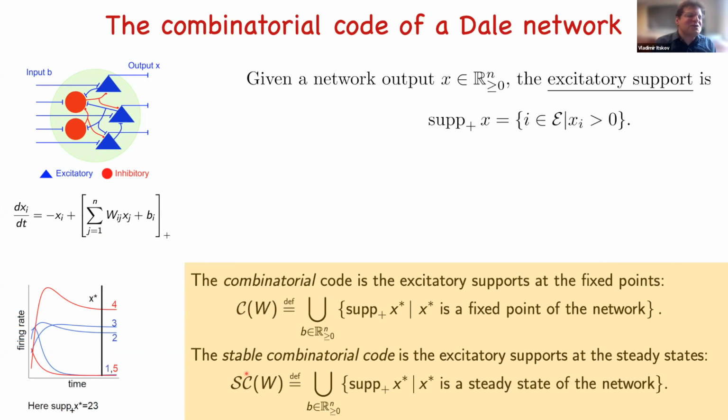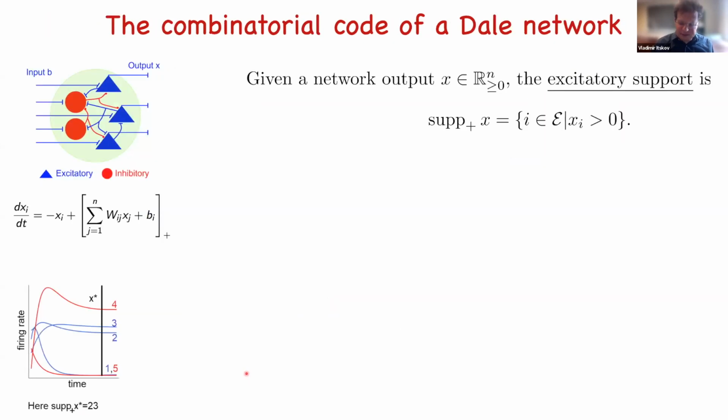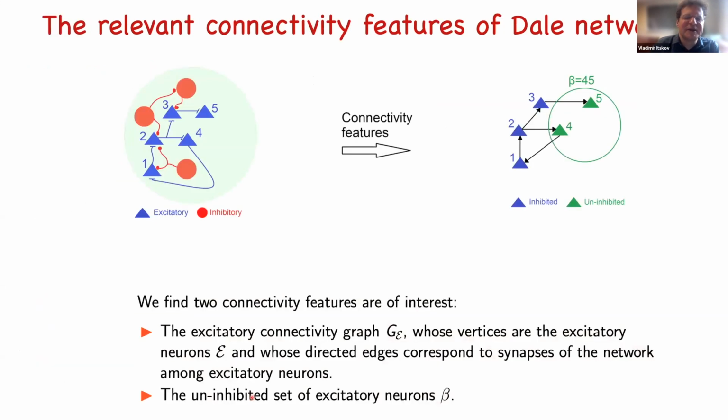And the goal, of course, is to understand the structure of these things in terms of W. And it turns out that the structure of this code can be completely described in terms of the connectivity of the network and some other ingredient, which is spectral in nature. So first, let me describe the relevant connectivity features of these networks. Let's say this is the network we consider. This is just a cartoon depicting whatever connectivity happens here, right?